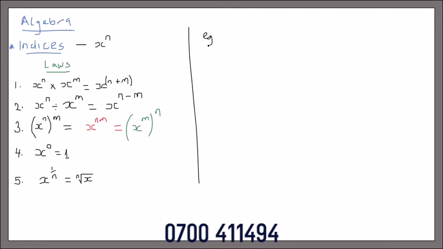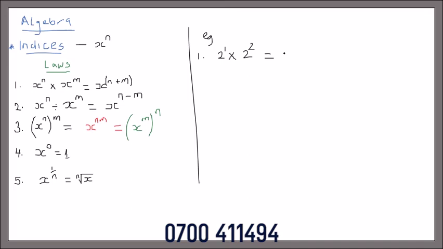Alright, so we are going to look at an example. For example, if you have 2 to power 1 times 2 to power 2, these are two indices. We are multiplying two indices, and they have the same base but different powers.